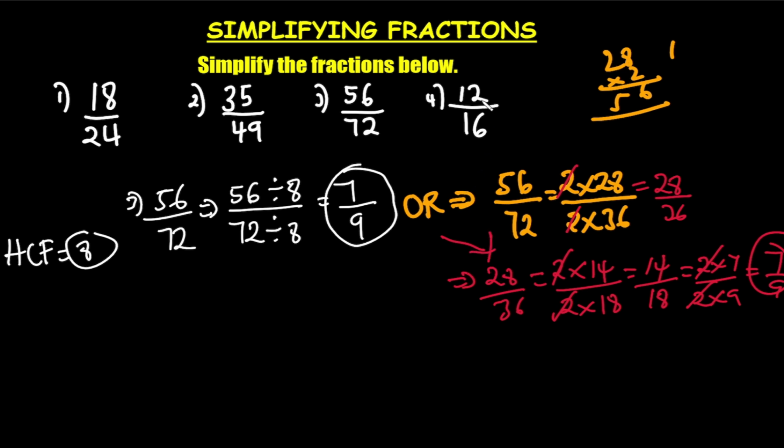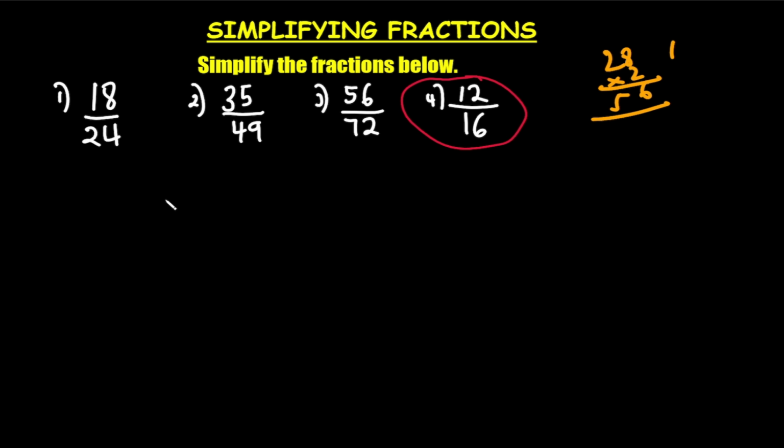Now let's consider the final one, which is 12 over 16. What is the simplest form of this one? If you want to try, you can pause the video and try to find the answer. First of all, the HCF of 12 and 16 is 4. 4 is the highest common factor between 12 and 16.